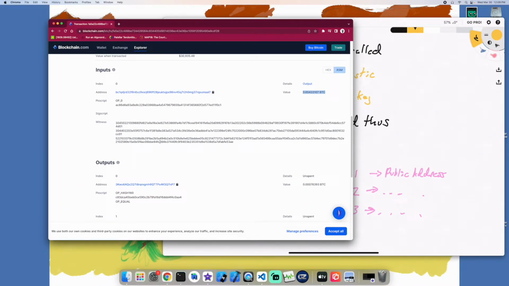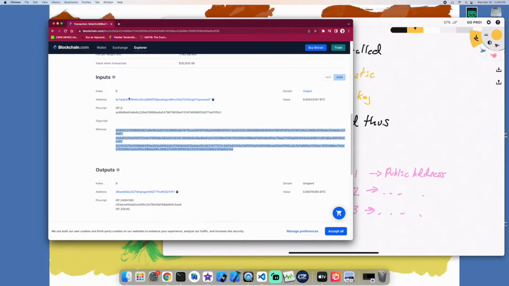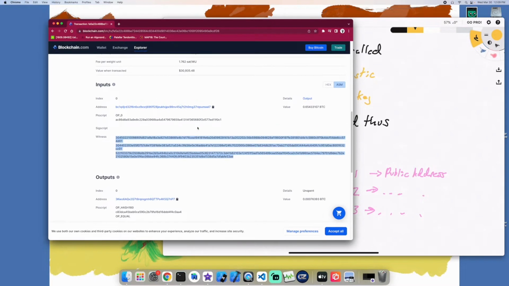However, before this transaction goes through, this signature down here by the witness must be confirmed. If this signature, for whatever reason, does not correspond to the public key that this address is derived from, this transaction will not be validated.